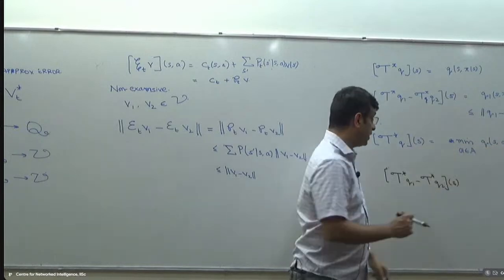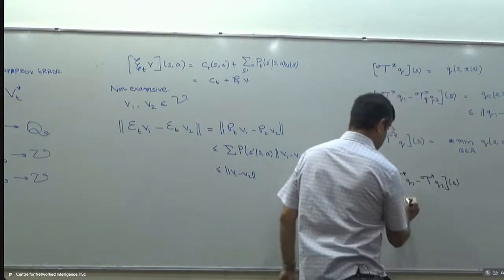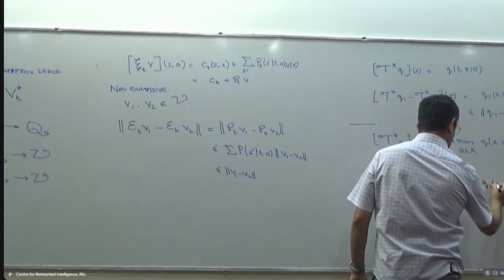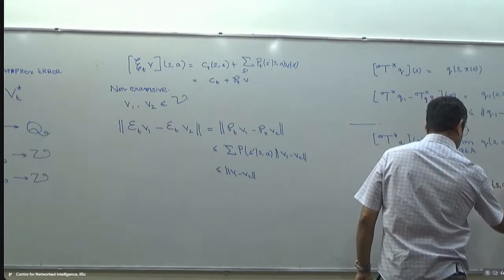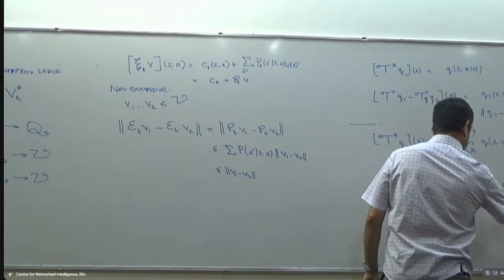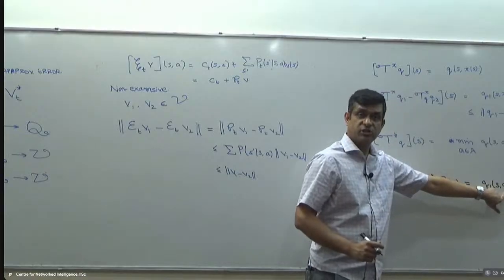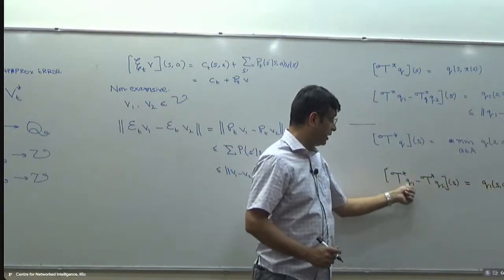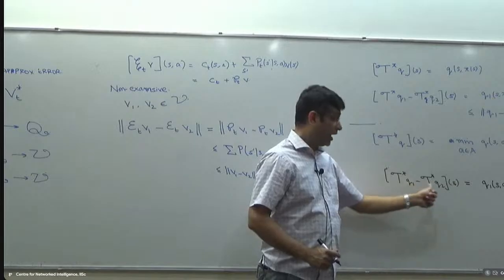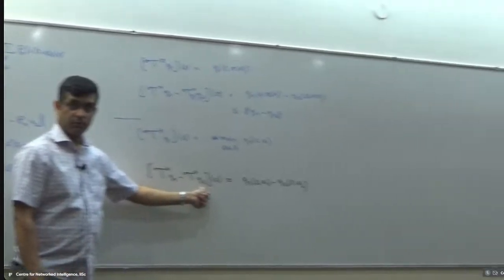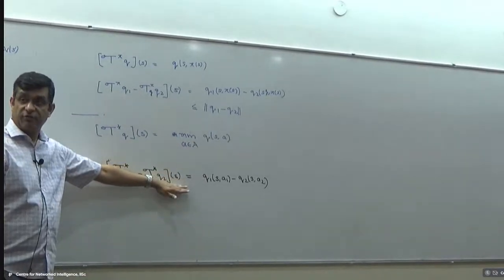Let me assume that this is exactly equal to Q1 of S, A1 minus Q2 of S, A2. So what I'm saying is A1 is the action which achieves the minimum in this optimization, and A2 is the action which achieves the minimum in this optimization. Okay. This step is clear to everyone?